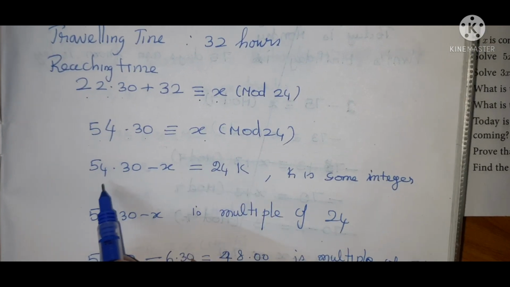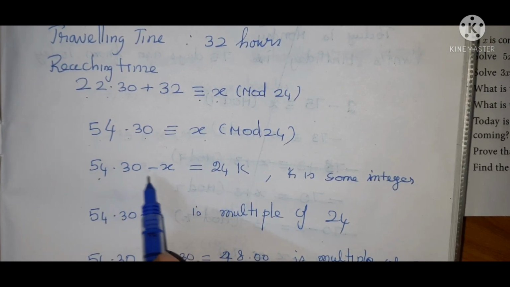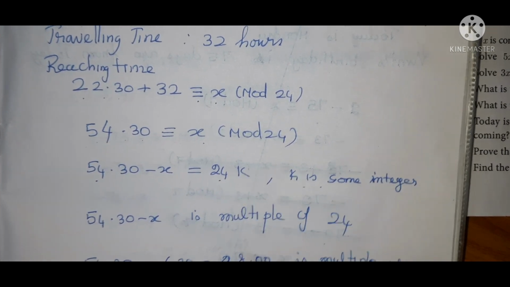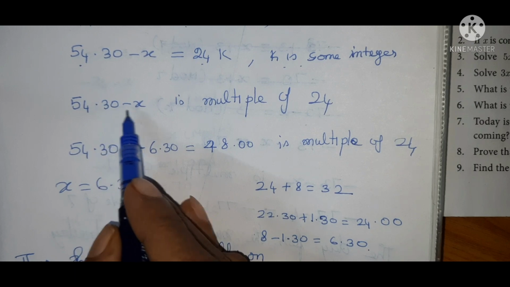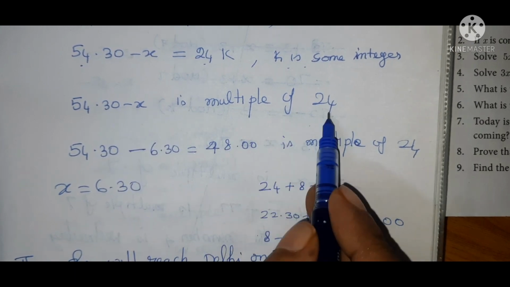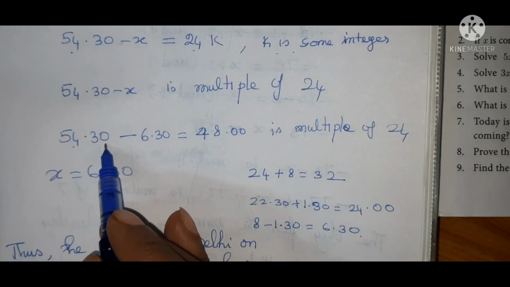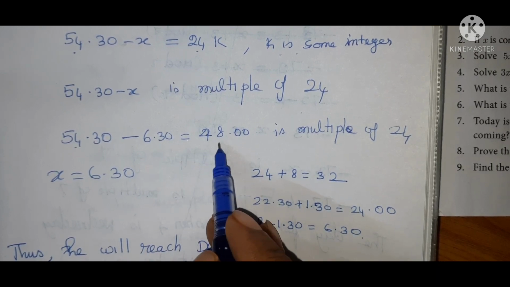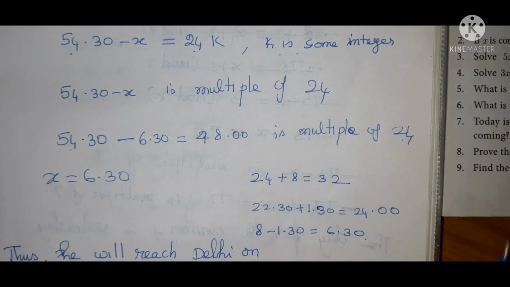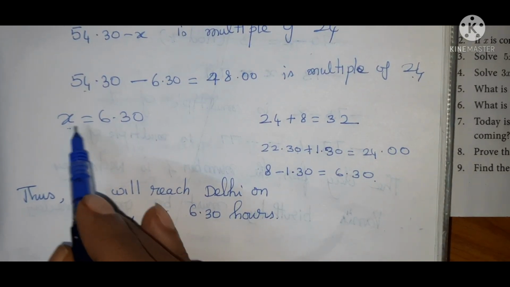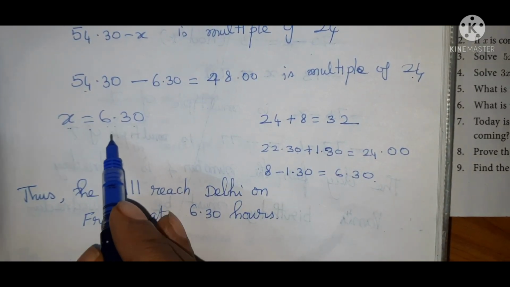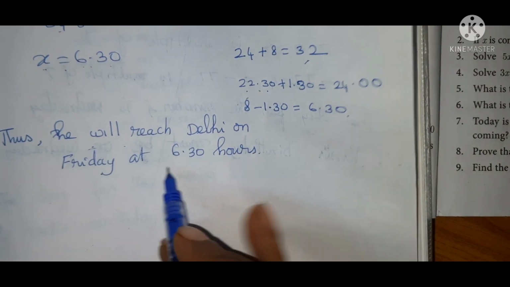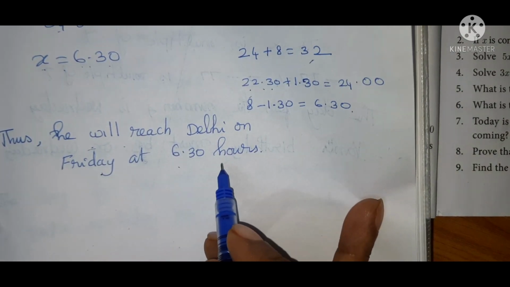It can be written like this: 54.30 minus x is equal to 24k, where k is some integer. 54.30 minus x is a multiple of 24. 54.30 minus 6.30 is equal to 48, and 48 is a multiple of 24. So x is 6.30. Thus, he will reach Delhi on Friday at 6:30 hours.